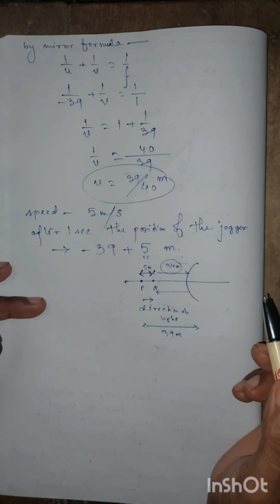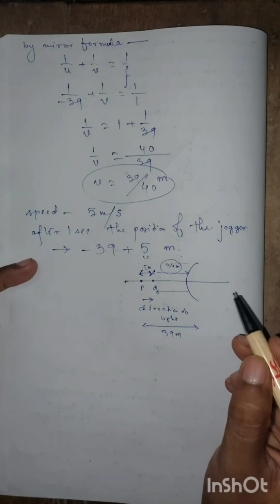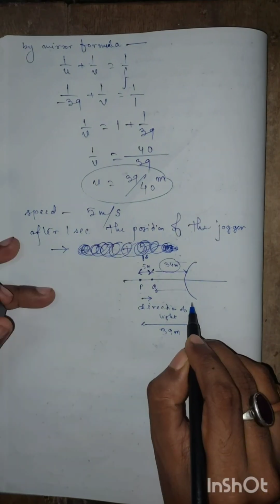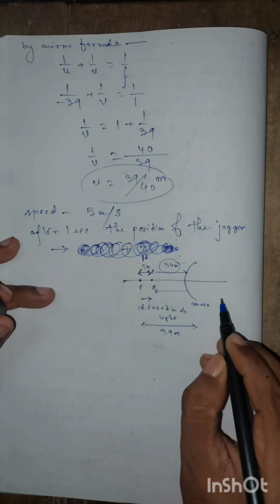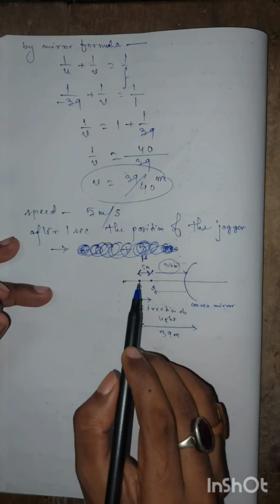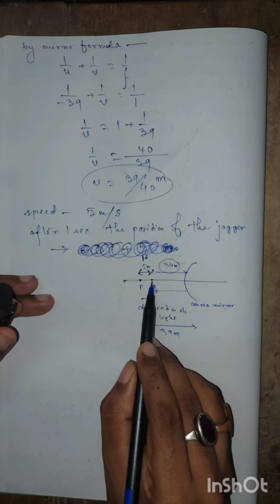So this is the initial position of the jogger, and this is the position after 1 second.